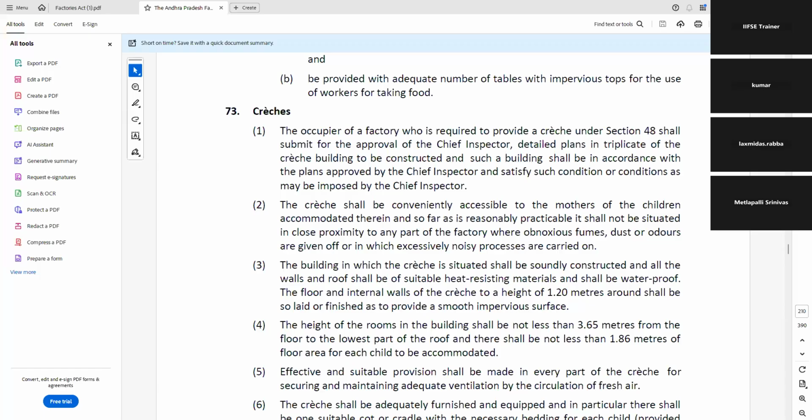So up to 1.2 meters height from the floor level, it should have a smooth surface which is impervious, which means it will not absorb any water, etc. And the height of the room in the building shall be not less than 3.65 meters from the floor, and the lowest part of the roof shall be not less than 1.8 meters from the floor.